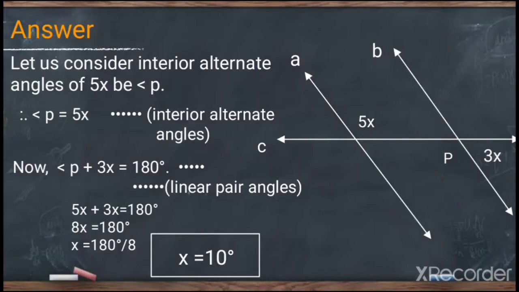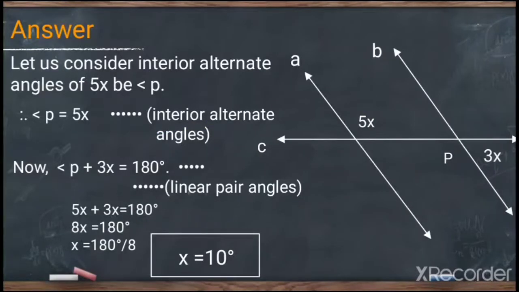This interior alternate angle is not given, therefore I consider the interior alternate of this 5x to be angle P. Therefore, angle P is congruent with 5x because both are interior alternate angles.